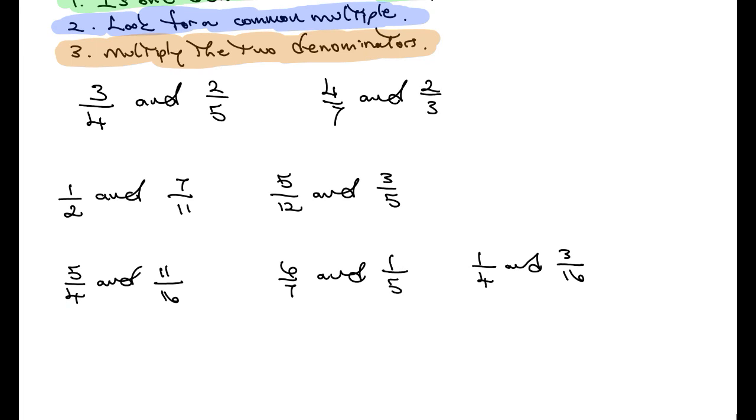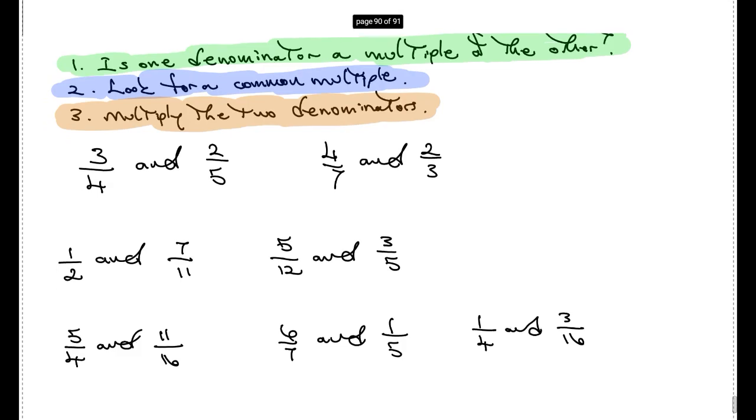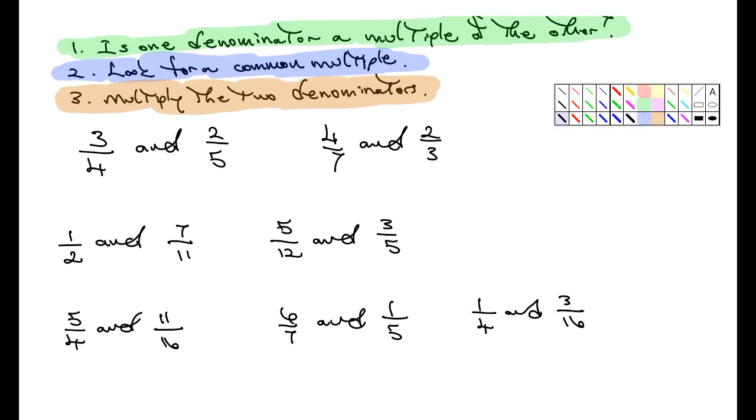Okay, so I kind of highlighted the 3 steps. So see if one denominator is the multiple of the other. And if that doesn't work, you could kind of look for a common multiple. You could multiply each one by 2, by 3, by 4. And if that doesn't work, you can just finally multiply the two denominators together.